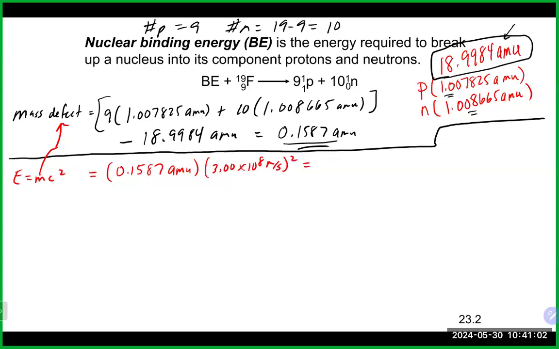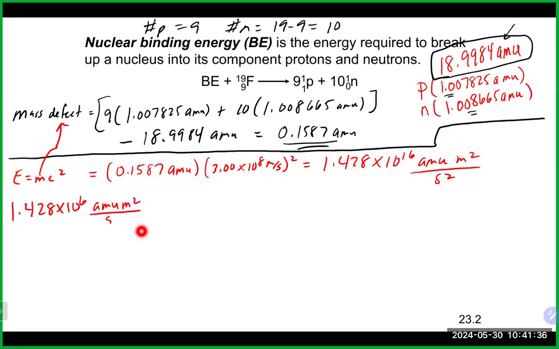That's going to give us 1.428 times 10 to the 16. The units here are AMU meter squared per second squared, so that's not really the units that are useful for us. So we could do this conversion here.